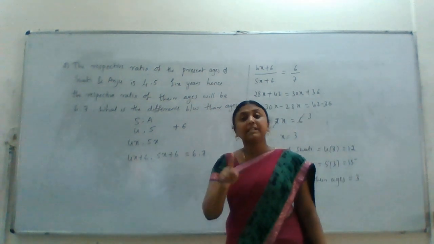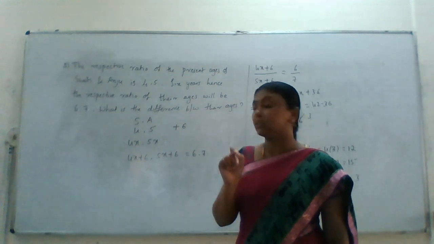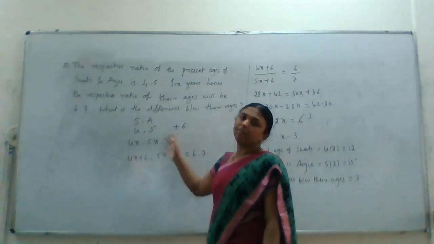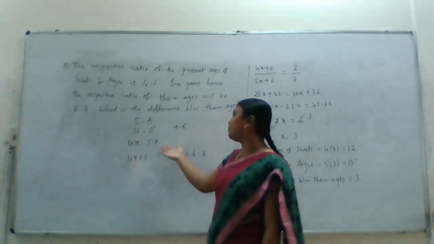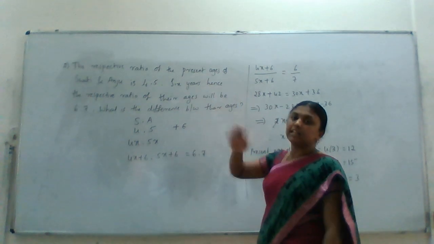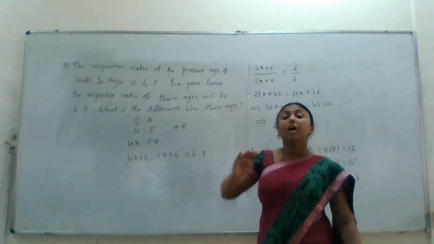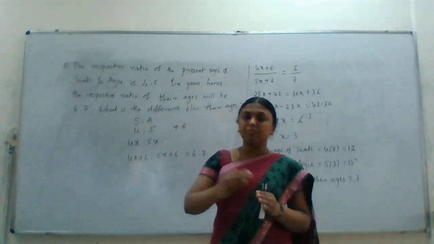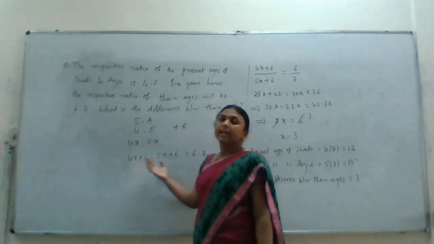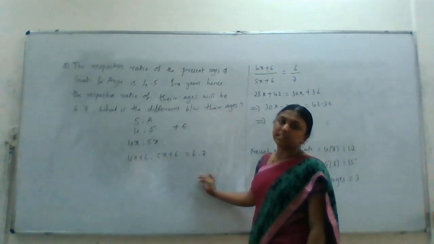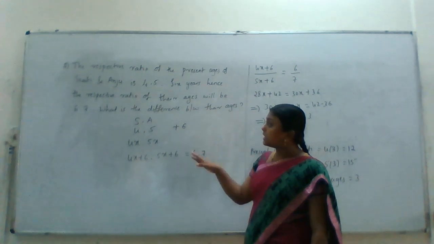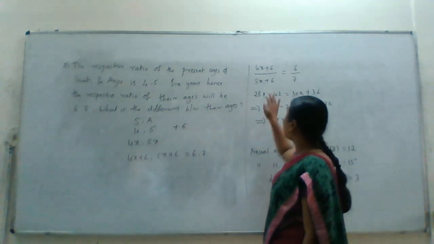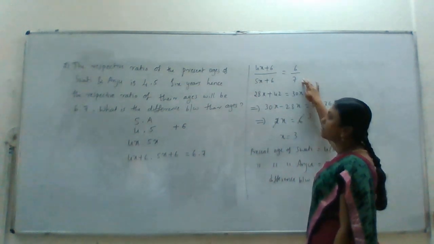They have given the present ages ratio of Swati and Anju, S is to A, that is 4 is to 5, which can be written as 4x is to 5x. 6 years hence means after 6 years, that is 6 years more. That means 4x plus 6 is to 5x plus 6 is equal to 6 is to 7, because after 6 years this ratio will become 6 is to 7. So 4x plus 6 divided by 5x plus 6 is equal to 6 by 7.